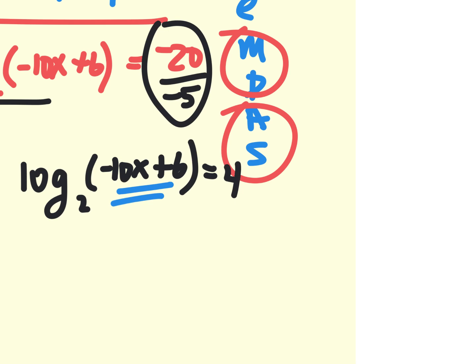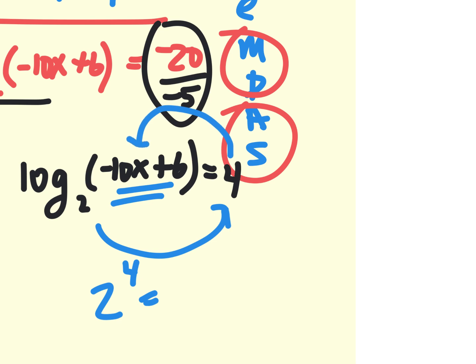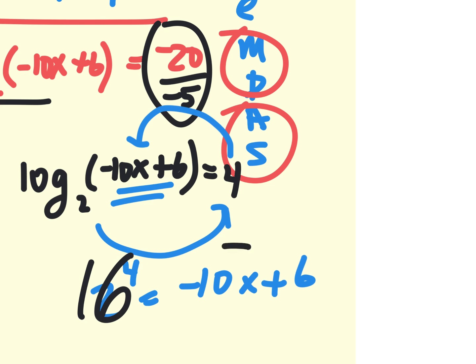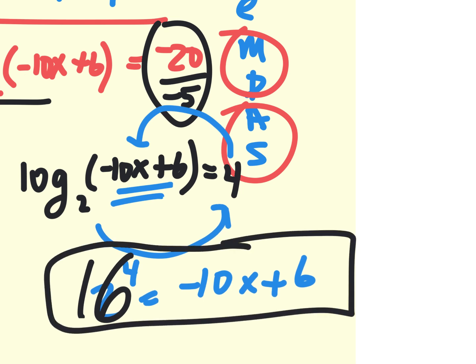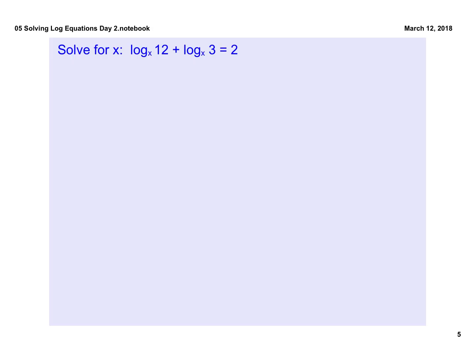So to get that out, I think I'm going to go 2 to the 4th equals negative 10x plus 6. And again, I love that we're in a class that's high enough level that I can just say, oh, that's easy. 2 to the 4th is 16, and then it's just algebra. Solve it. You can solve that. All right, that's what today's problems are like.